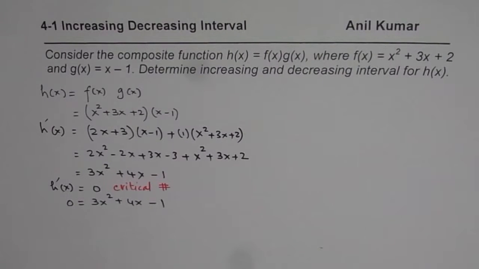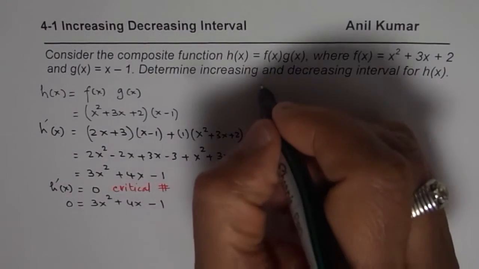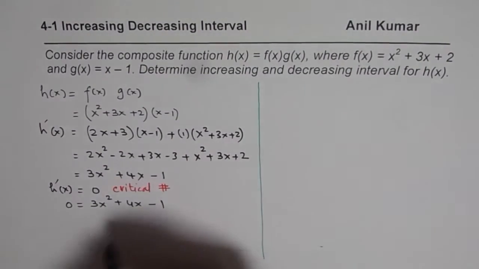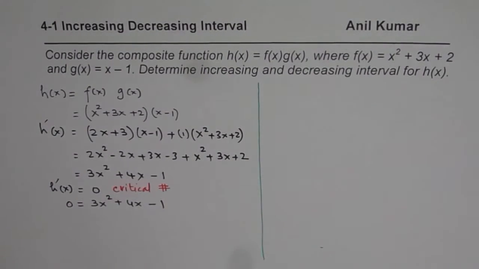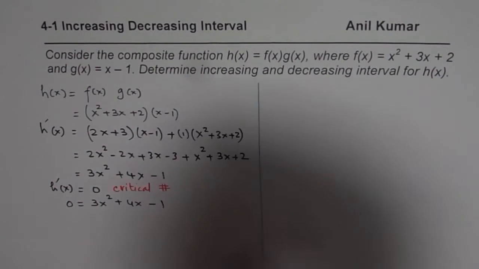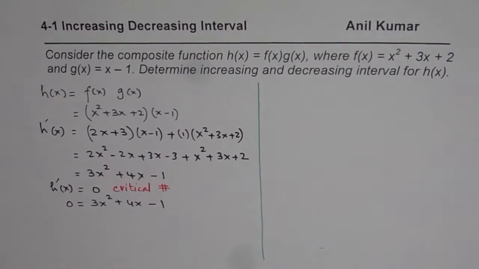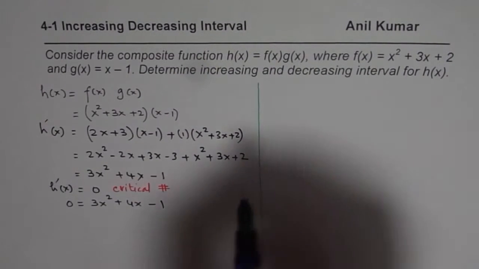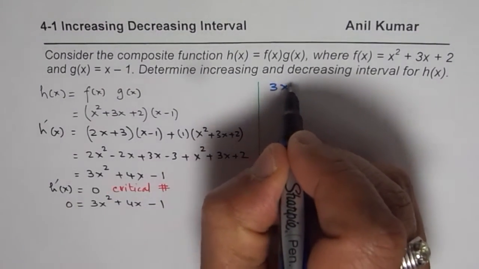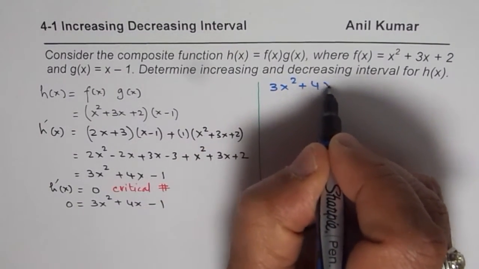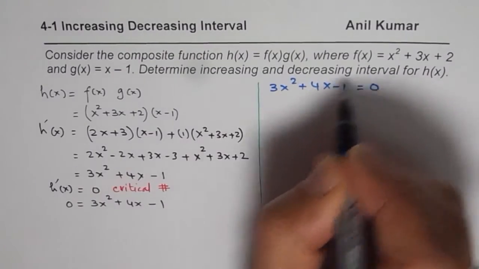Now to find this solution, you could use the quadratic formula. So let's use the quadratic formula to find the solution of this equation, 3x squared plus 4x minus 1 equals 0.